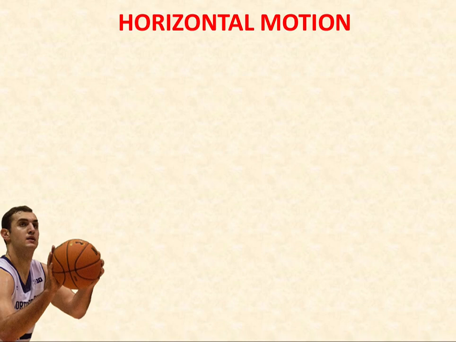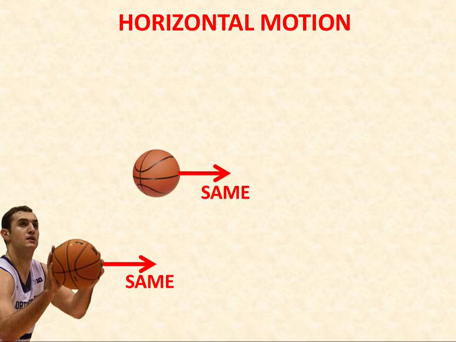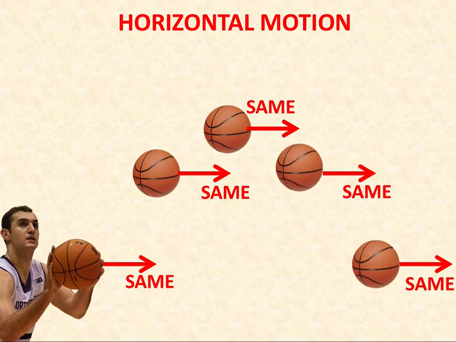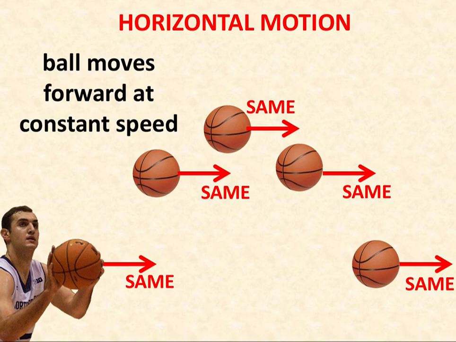And I'm going to start by looking at what the ball is doing horizontally. So when the player pushes the ball forward, he gives it some horizontal speed. And as the ball continues forward, it actually keeps the same horizontal speed. In other words, it moves forward at a constant rate. What you need to write in your notes is that the ball moves forward at a constant speed.